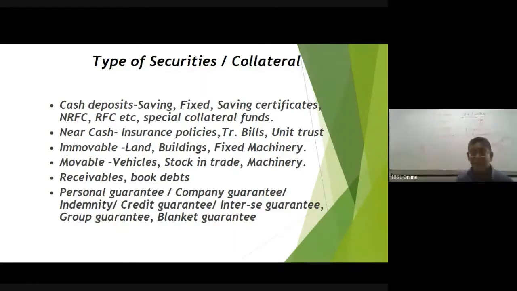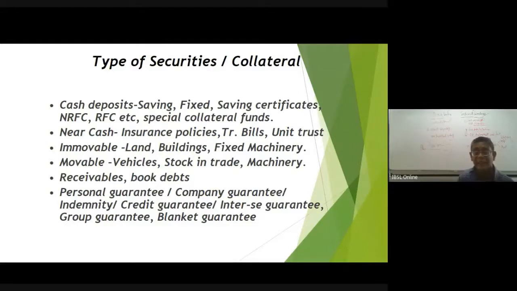Say for example, a personal guarantee is a very risky one, right? But still, we give loans against it, sometimes at a higher rate. We call them movable and immovable sometimes. Some instruments are movable, some are immovable. What are the movable? Vehicles, stock in trade, machinery are movable, but immovable means land, buildings, fixed machinery and things like that.